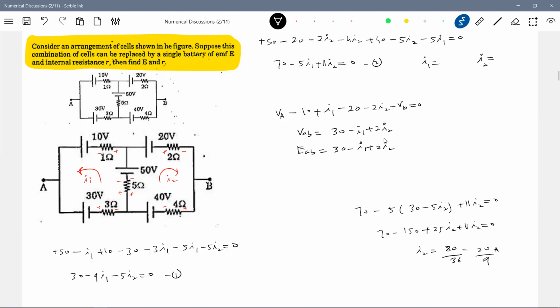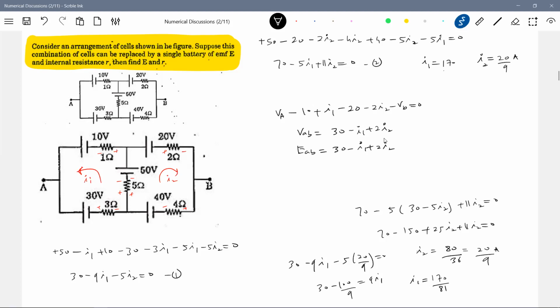Okay, after getting the value of I2, then we'll get the value of I1. So I2, I got positive, 20 by 9 ampere. What about I1? We'll substitute that value there. So here it will be 30 minus 9 I1 minus 5 into 20 by 9. 30 minus 100 by 9 equal to 9 I1. 270 minus 100 by 81.